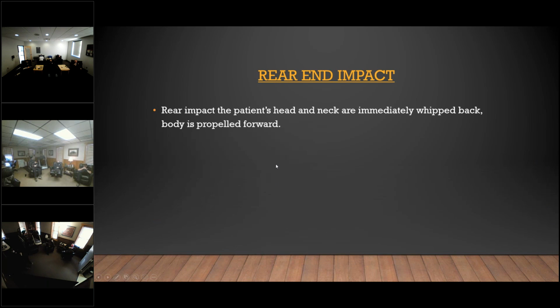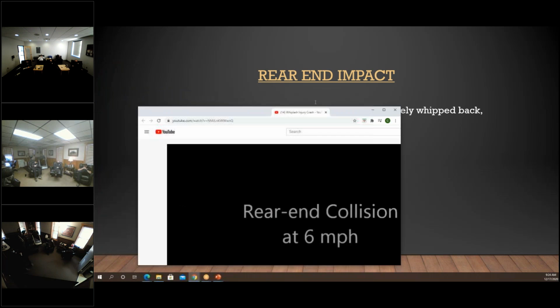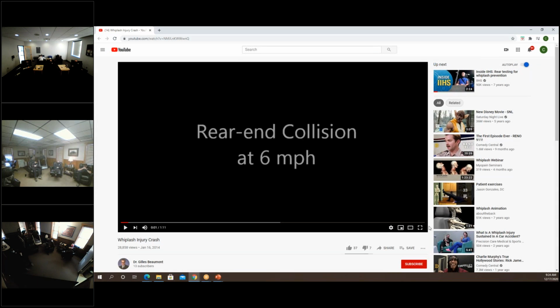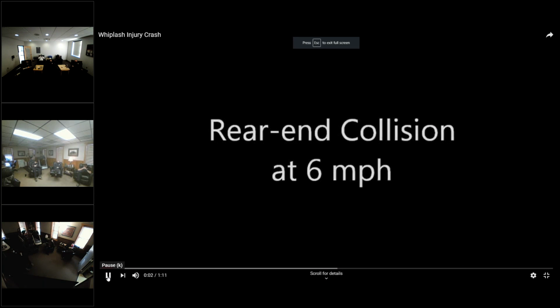Now with rear impact, we're going to see very similar injuries to the frontal impact. So let's go ahead and take a look at this study. And this is only going 6 miles an hour. Now keep in mind this vehicle is relatively old, so they don't have that safety cushion built in.